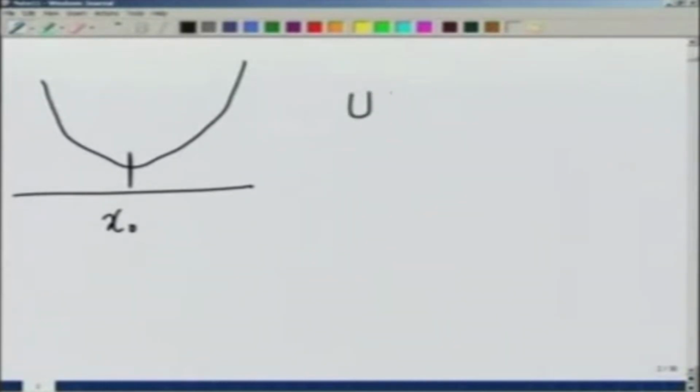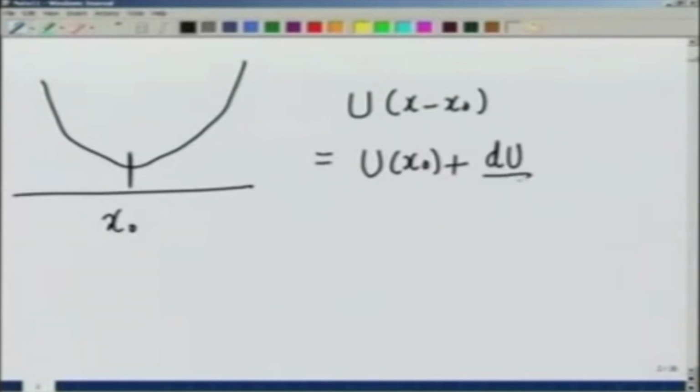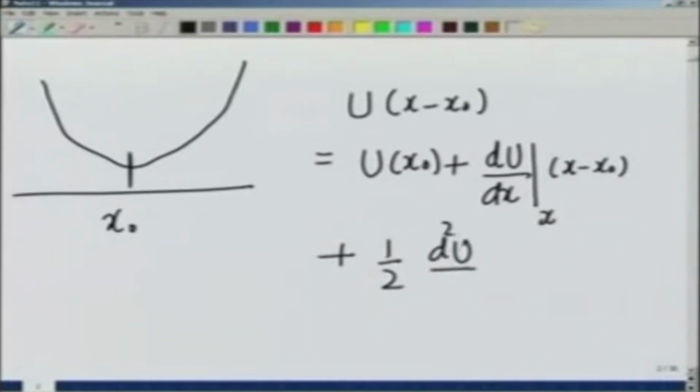Then U at a point x away from x0 can be written as the potential energy at x0 plus the derivative of potential energy at x0 times (x minus x0), plus 1/2 the second derivative of the potential energy at x0 times (x minus x0) squared, as long as x minus x0 is small enough, plus higher order terms.